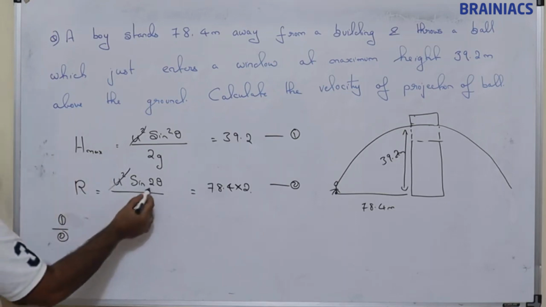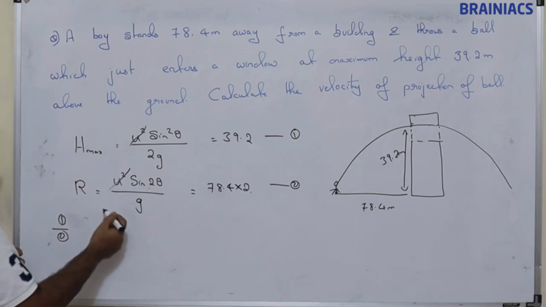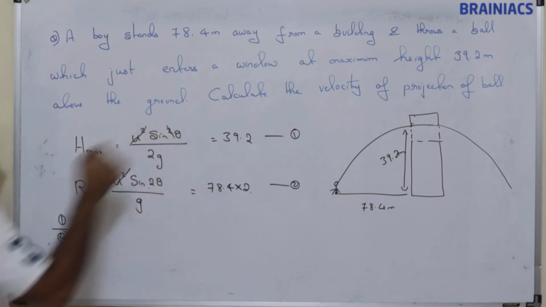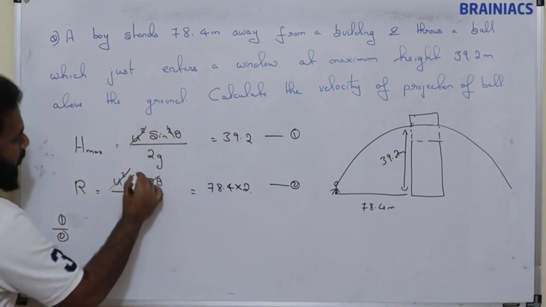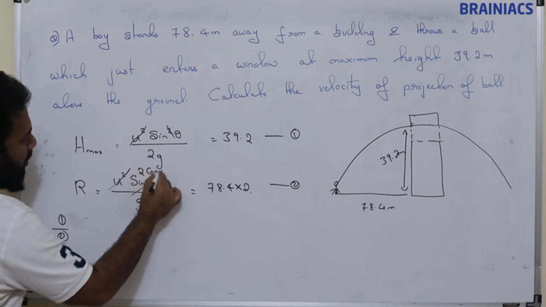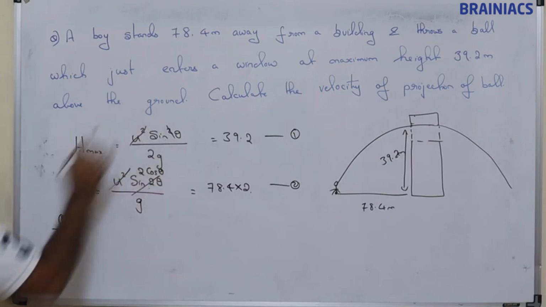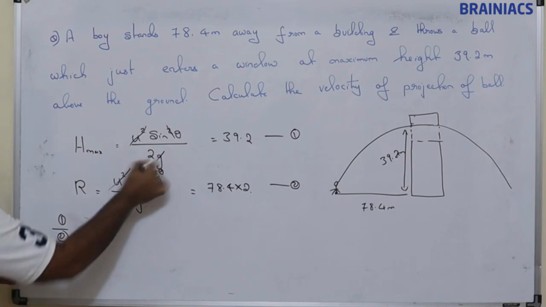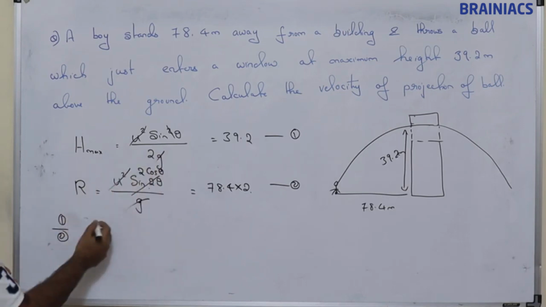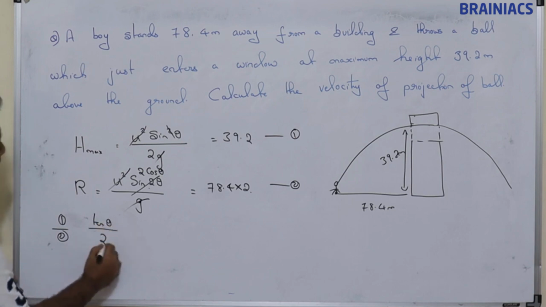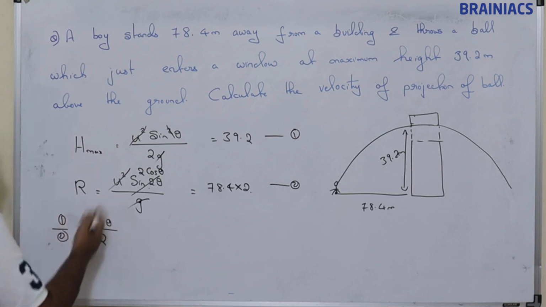So this is 2 sin theta cos theta. One sin can be cancelled off. So this is going to be 2 cos theta. Sin theta we have cancelled. g also can be cancelled. So 1 by 2 is going to be what? Tan theta divided by 2.